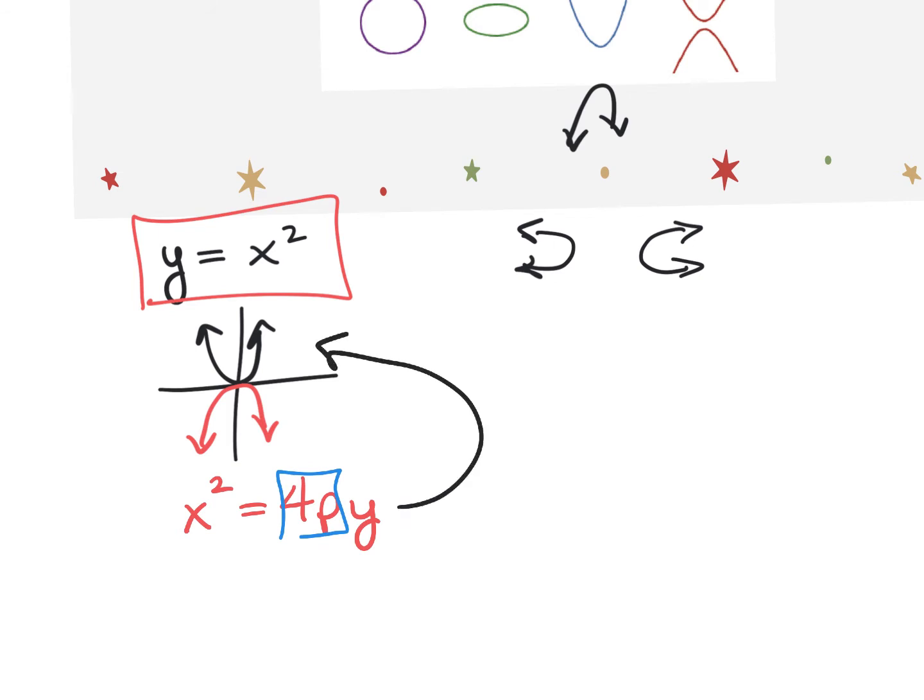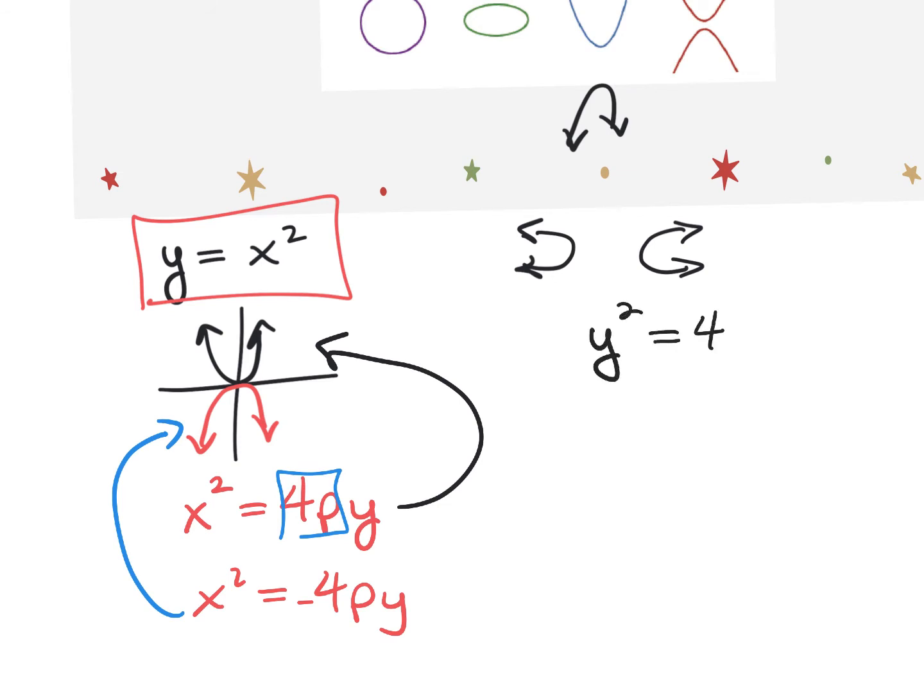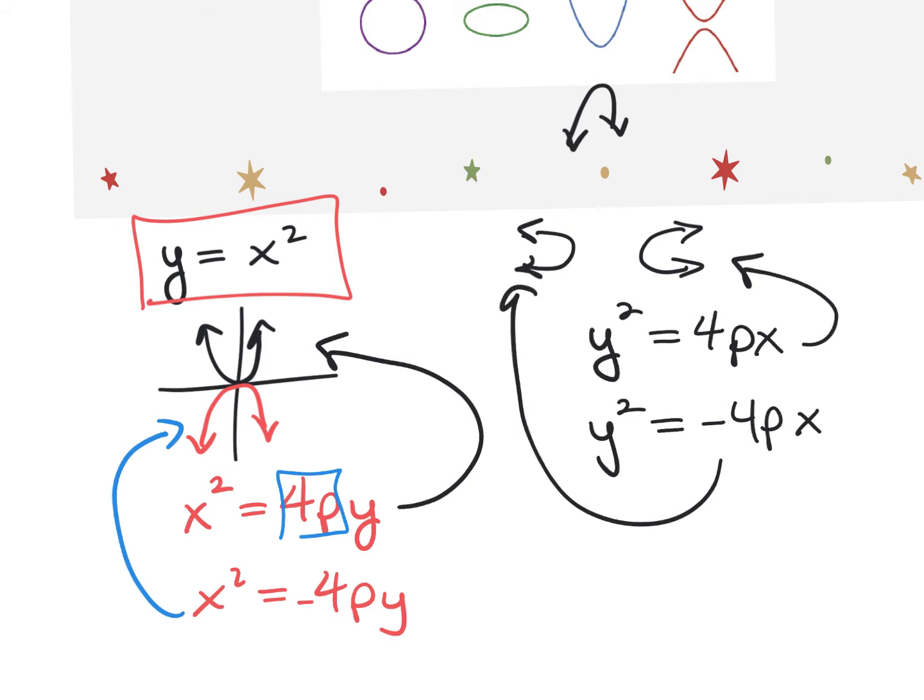If it's x squared, and if our p-value is negative, then it's going to be the upside down U. For the C, it's going to look like this. It's going to be a y squared equals 4px. And that would be this graph. When it's a negative p-value, then it's going to be the backwards C. And we're going to see all of this and how to identify all of this.